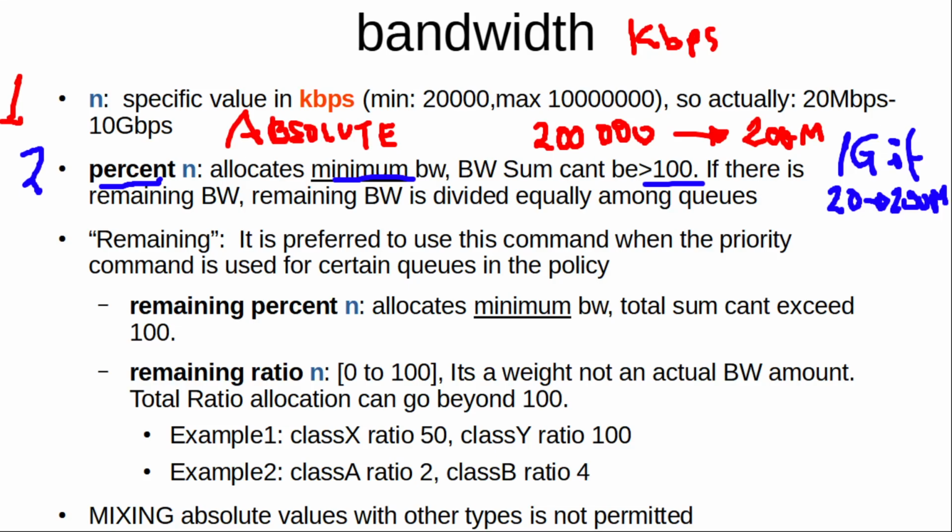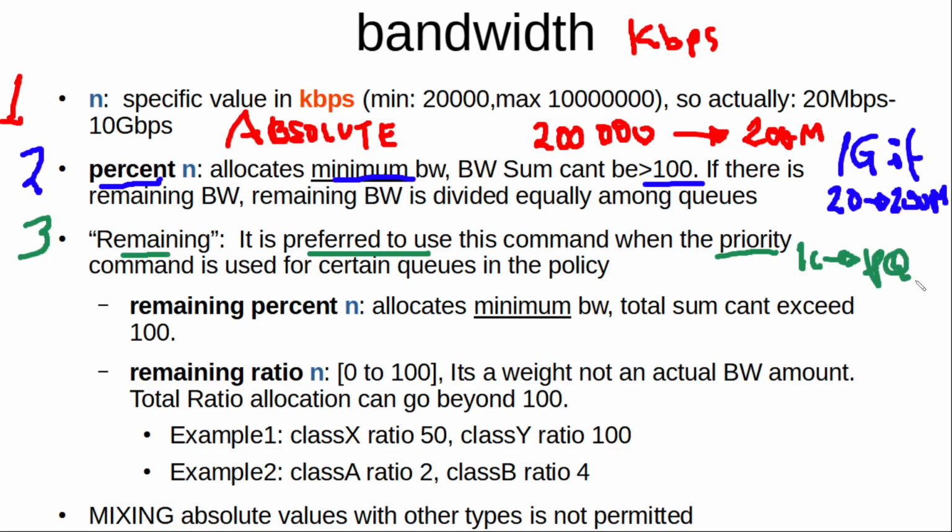The third way that we have to allocate or to guarantee bandwidth to classes is using the remaining command. It is usually preferred if you are also using the priority command within your classes. Remember that you are going to use the priority command in order to establish that one particular class is going to use a priority queue.